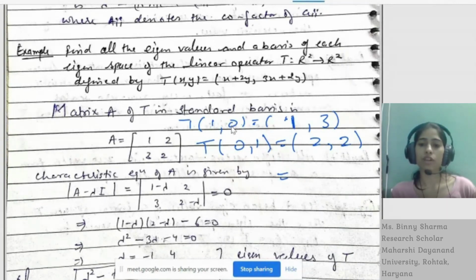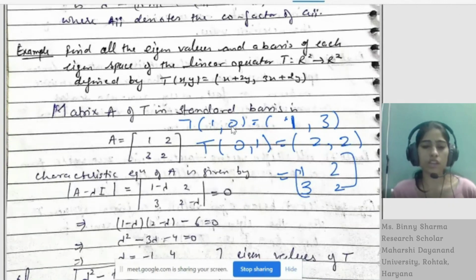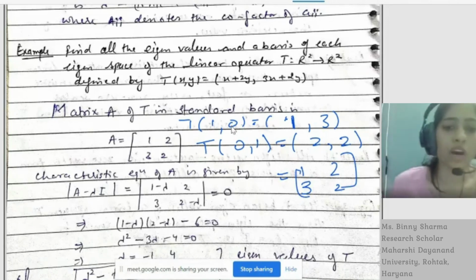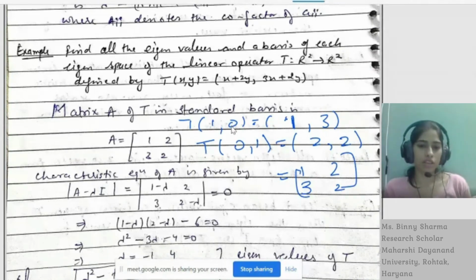Now we have to write (1, 3) as a linear combination of (1, 0) and (0, 1), and we take the transpose. You must know how to make this matrix A of T in the standard basis.